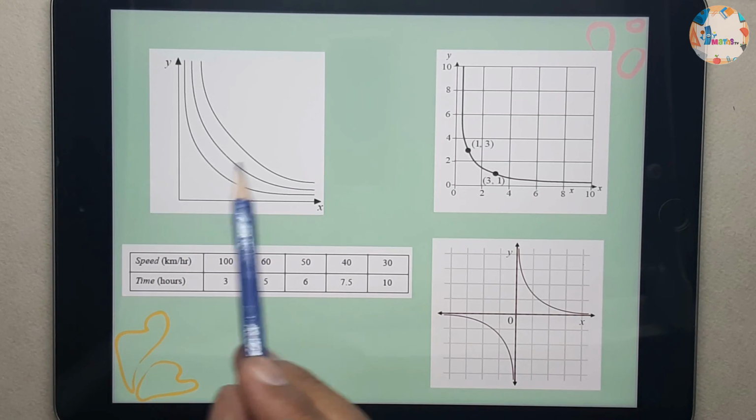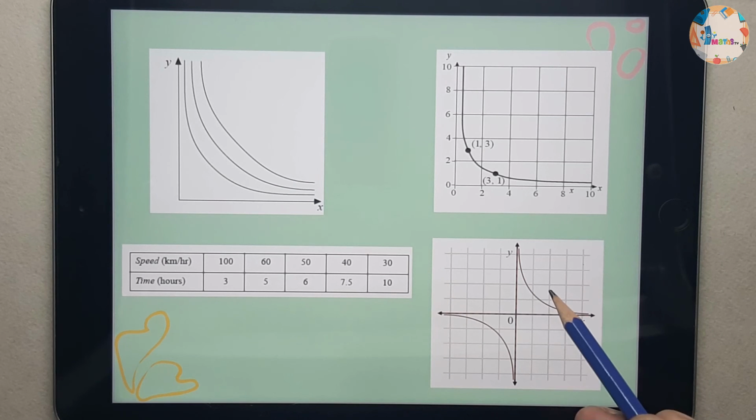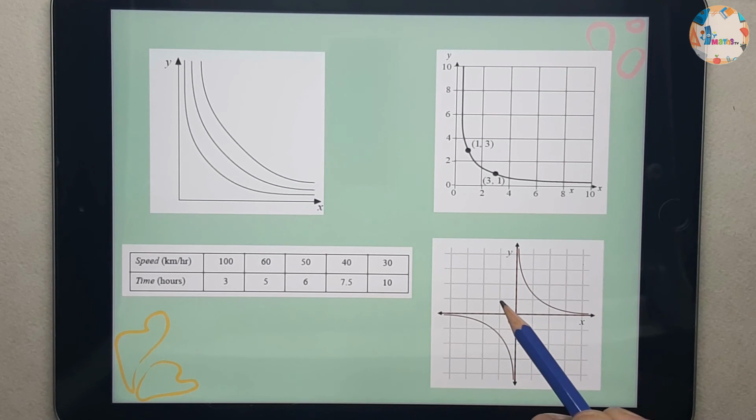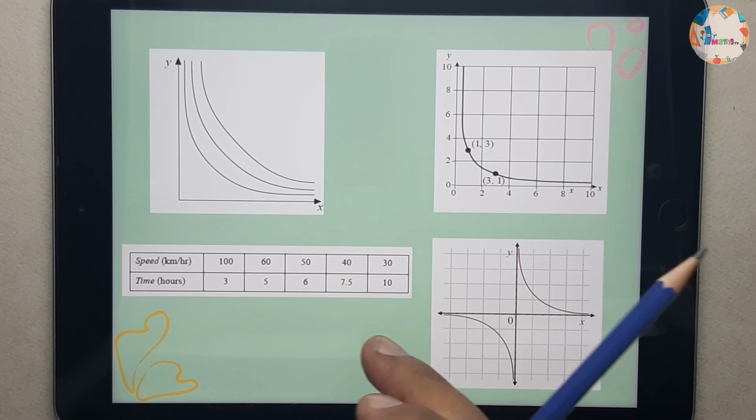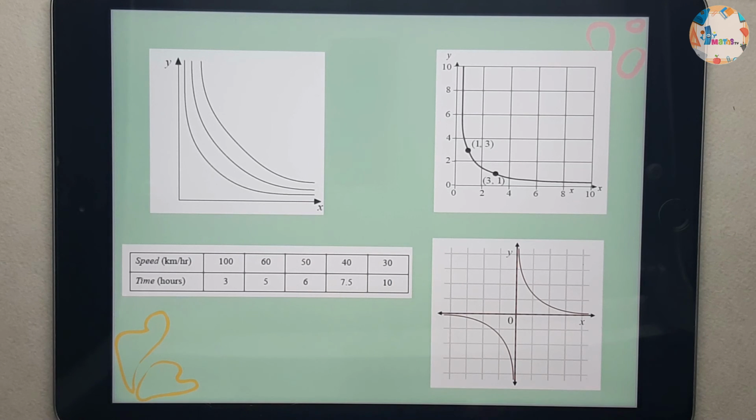So this type of graph is an indication that this has inverse proportion. In the table also we can see the speed is decreasing, like 100, 60, 50, 40, 30, whereas time is increasing, 3, 5, 6. So one value is increasing while the other one is decreasing. So this is all for this part.